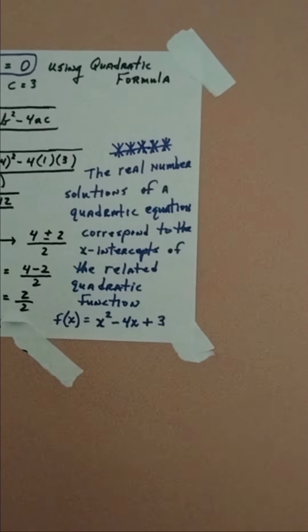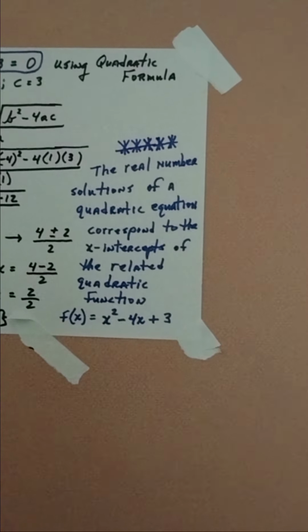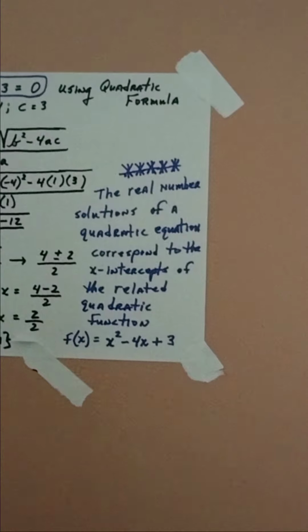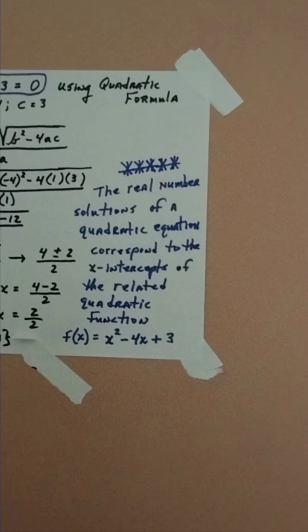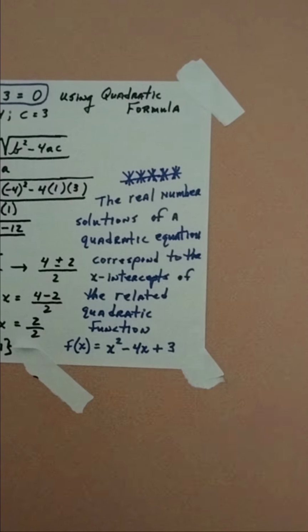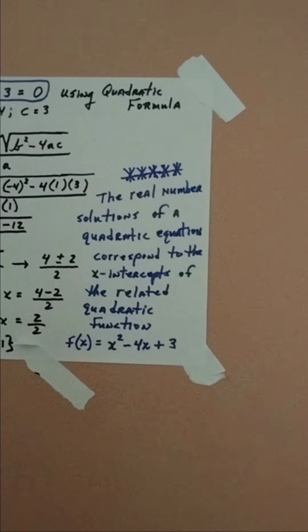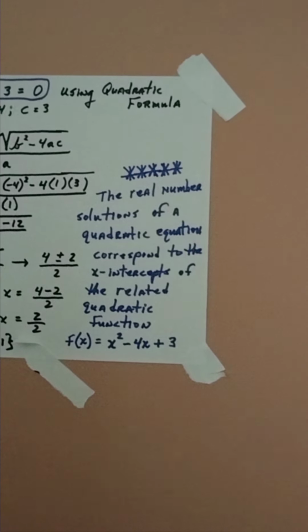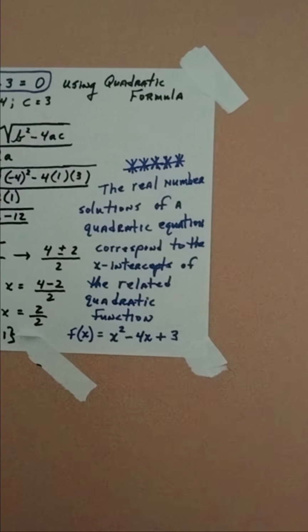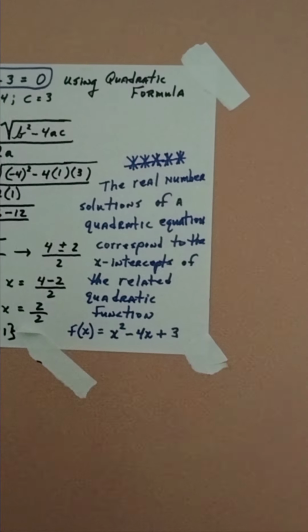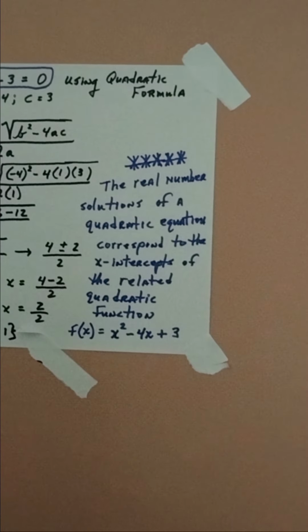They can be irrational conjugates as well. But as long as they are real number solutions, they are solutions that can be represented on a number line. Now let me get a little bit more current: solutions that can be represented on the x-axis of a coordinate plane.